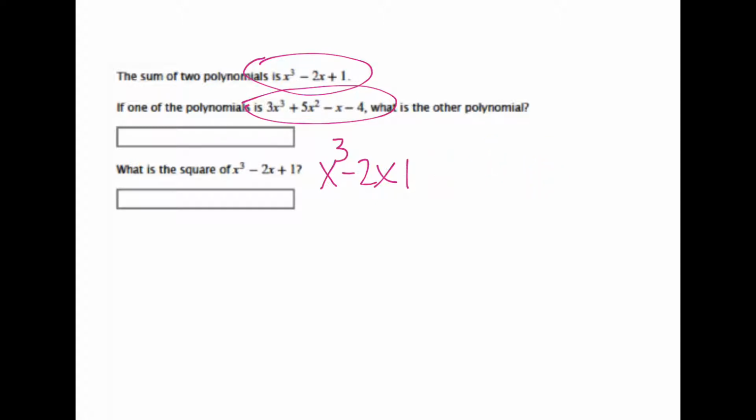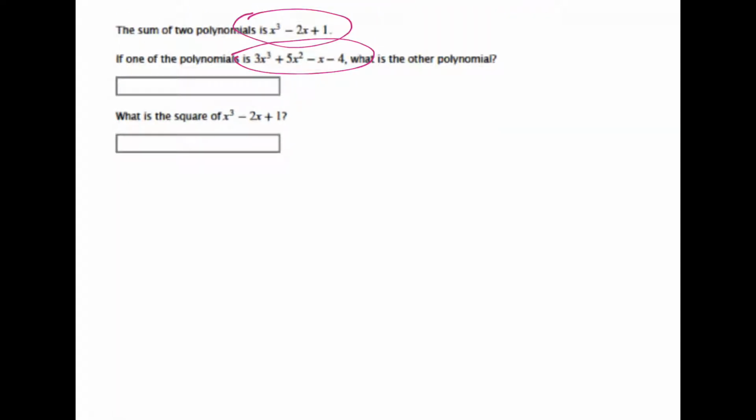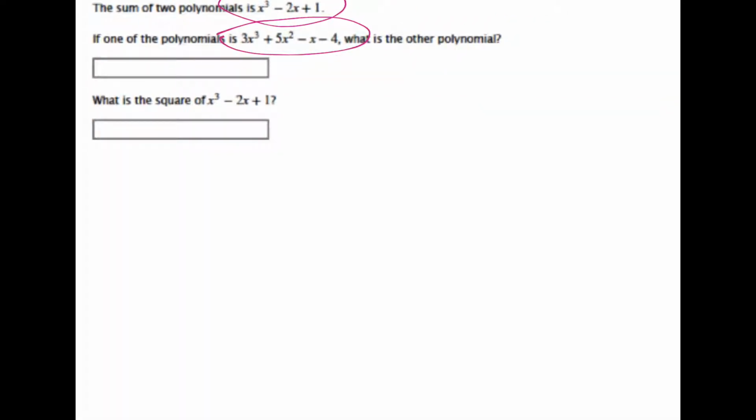Now it wants you to find the square. That means it wants you to take x cubed minus 2x plus 1 and multiply it by itself.